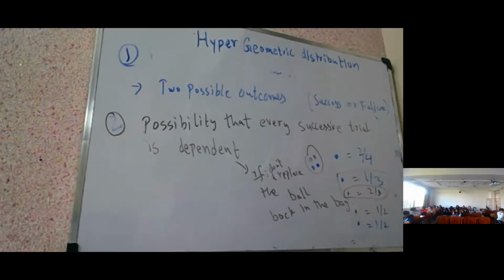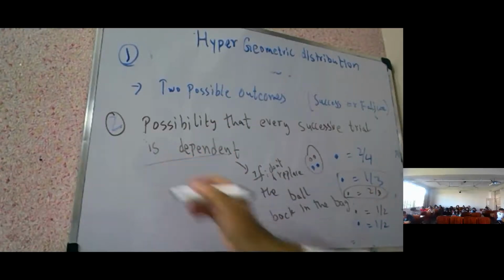So in this case, I'm not replacing the ball, and that means our second experiment depends on the outcome of the first experiment. Do you understand this? And the third experiment depends on the outcome of the second experiment. So then it's known as a hypergeometric distribution.